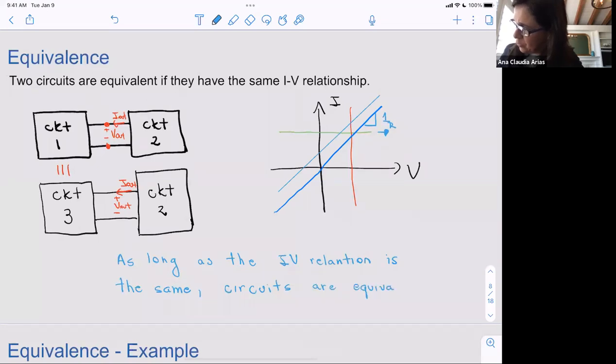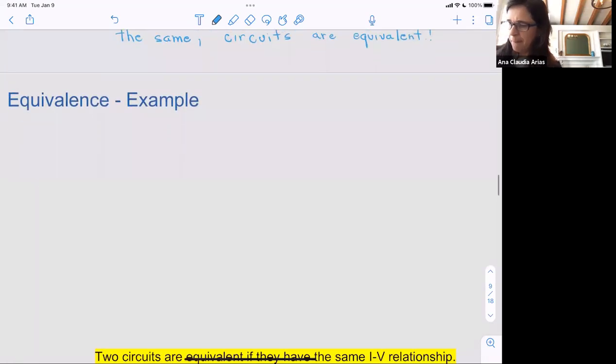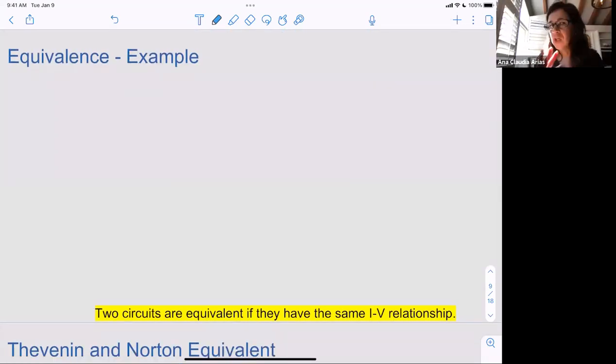And that is going to be so useful for us because we can make things much, much easier this way. Okay, let's do an example, because I always learn better with examples.